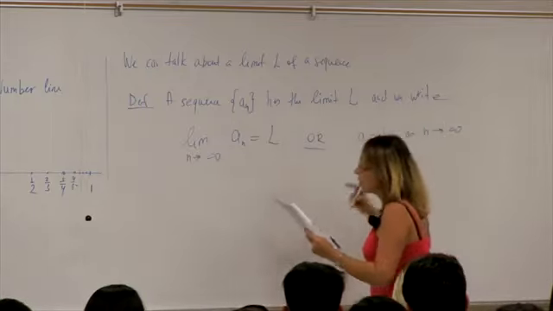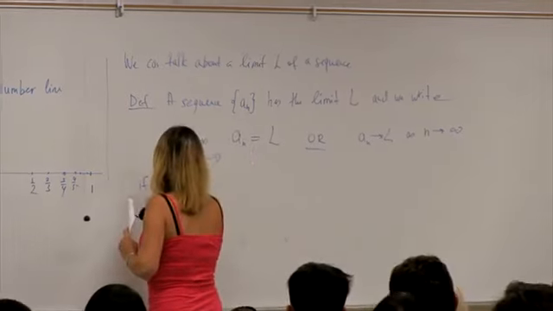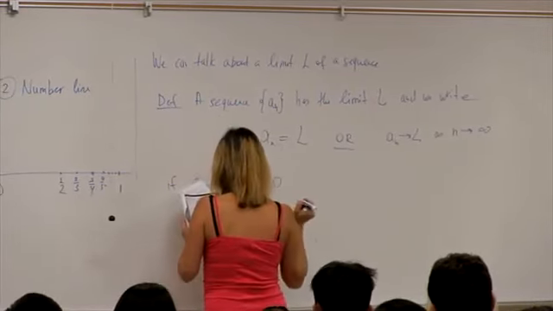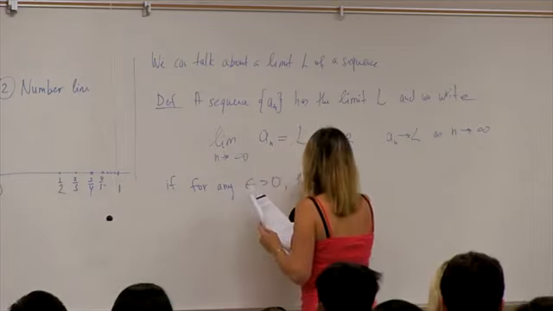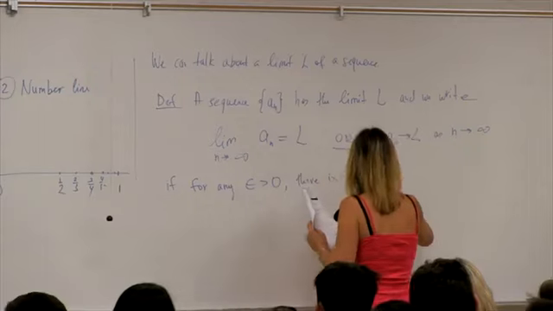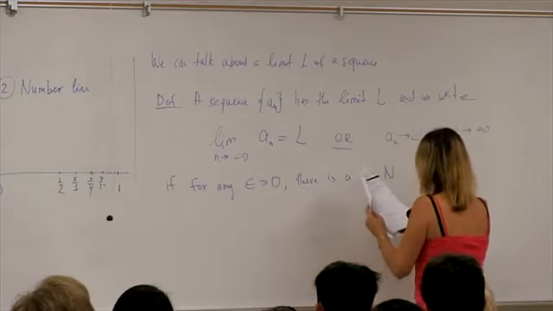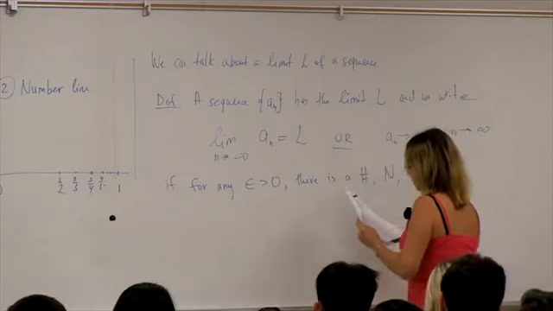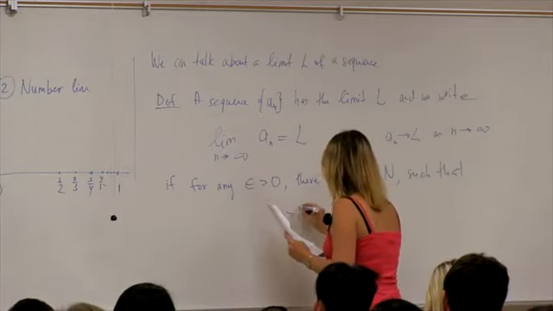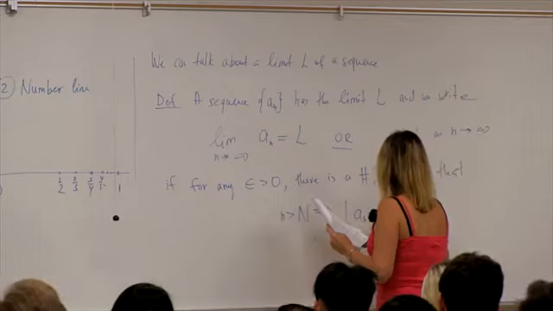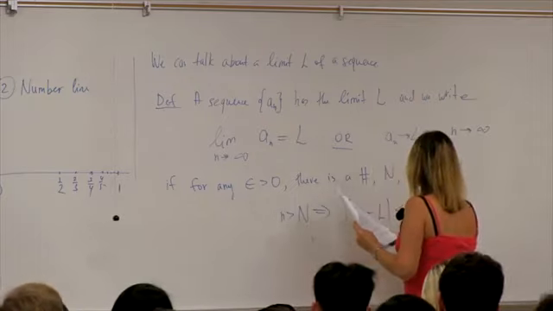Okay, so this happens if for any epsilon greater than 0, there is a number N, an integer, such that if n is greater than N, then |a_n minus L| is less than epsilon.